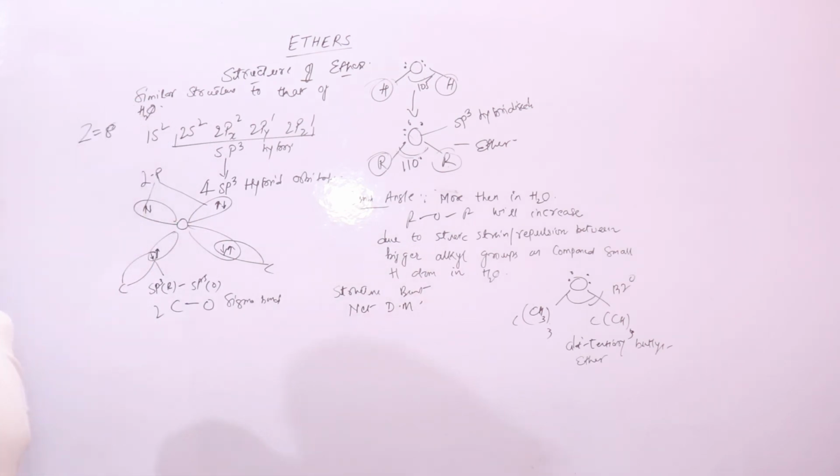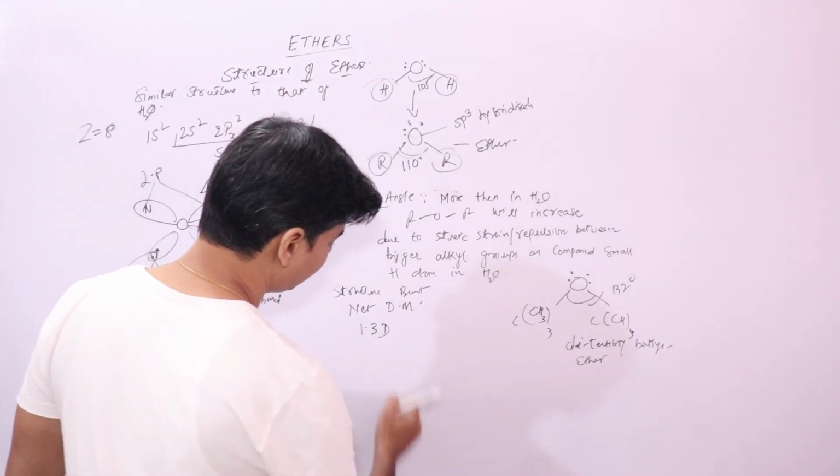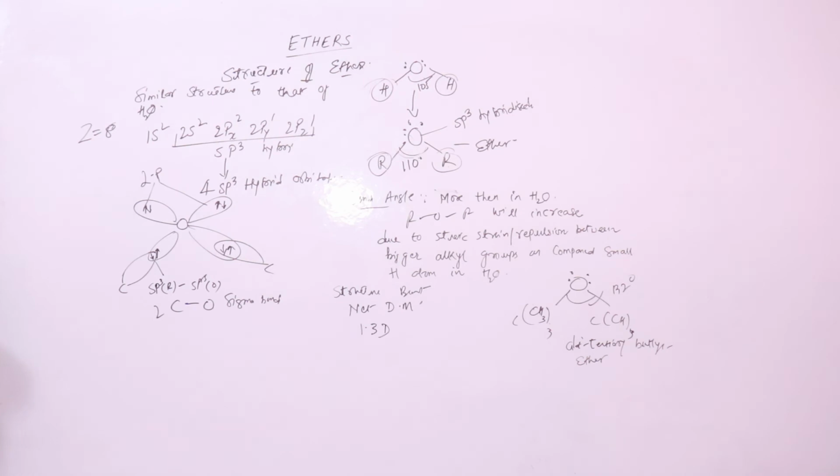The dipole moment of dimethyl ether is 1.3 D, and for diethyl ether it is 1.18. I hope this is clear.